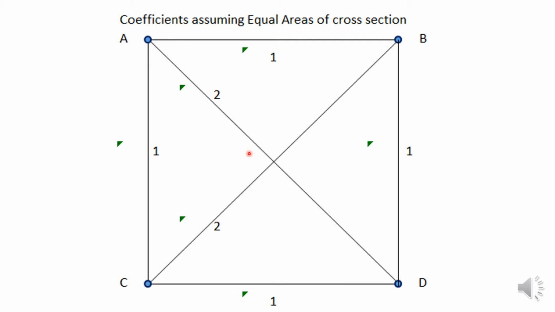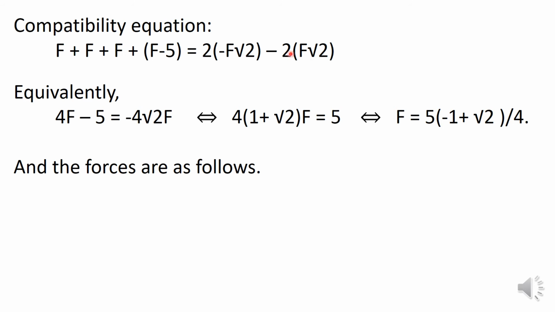That's the square of root 2. So the compatibility equation using the 2 instead of the square root of 2 would be this. These are the coefficients times the same combined forces as we had before. We get this compatibility equation.